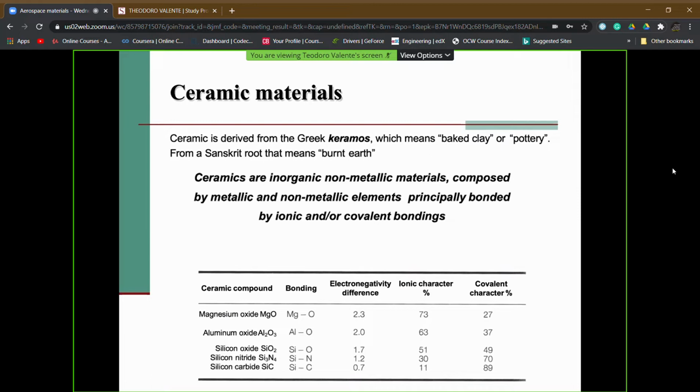The amount of ionic bond or covalent bond, as we know, depends on the difference of electronegativity between the 2 elements. So for example, if we take, as in the table, one oxide which is called magnesium oxide, made by 1-to-1 atom of magnesium and oxygen, where the bonding is between magnesium and oxygen.